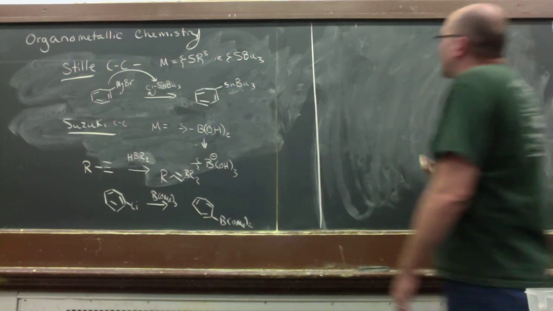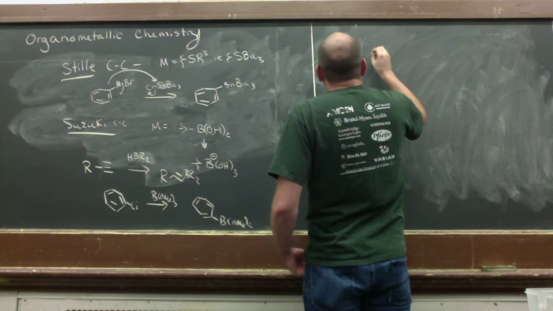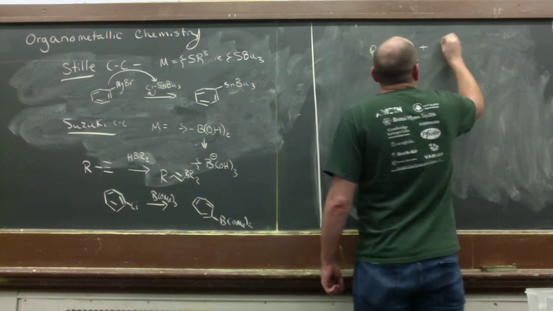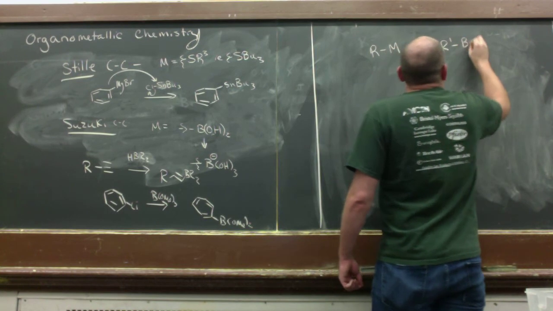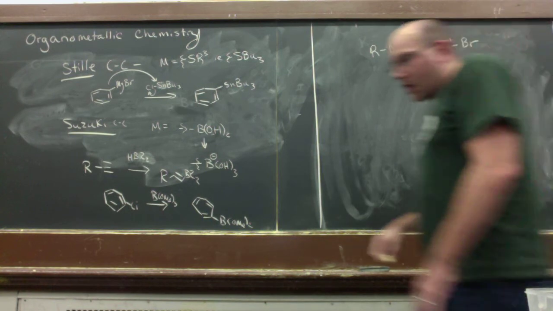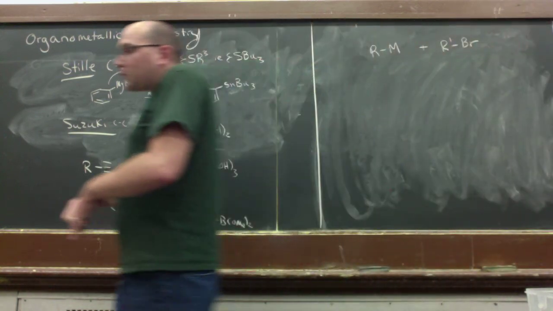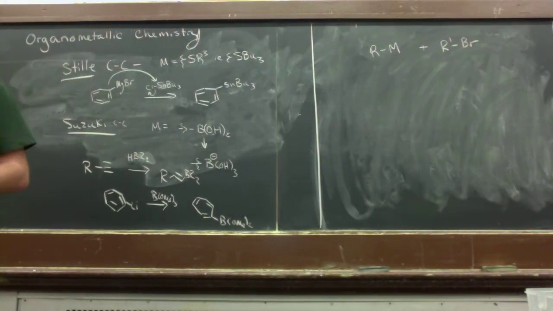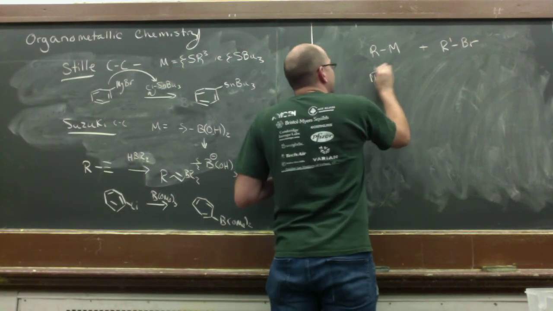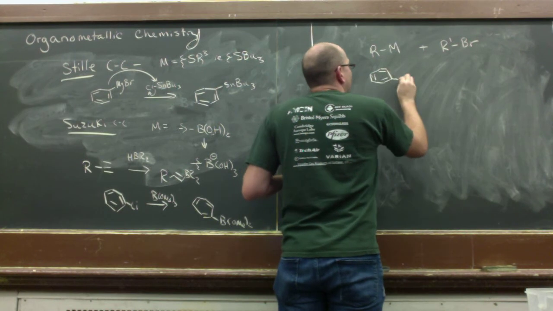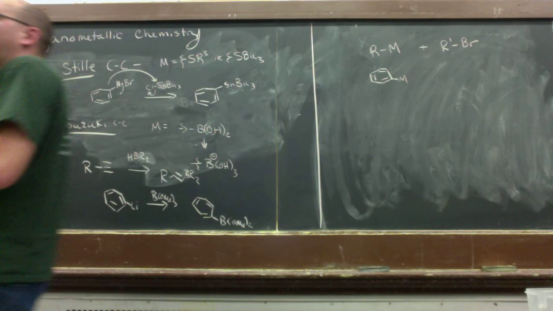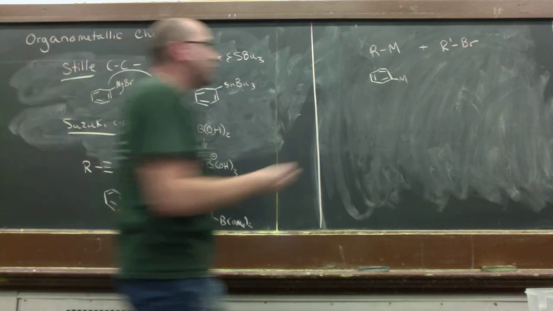So if you're going to do cross-couplings between these two, we have to start thinking about the issues that are involved with them. When you have an R group, the ones that work really well are aryl metals or alkynyl metals.